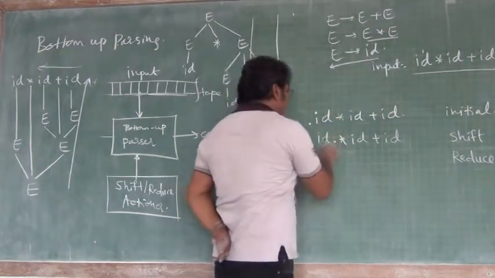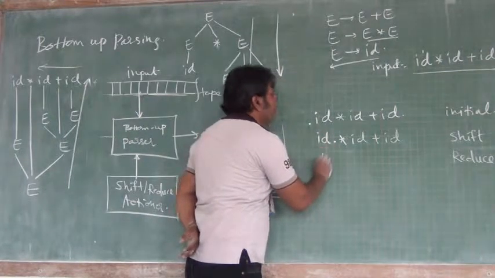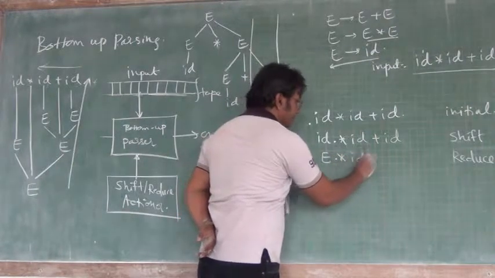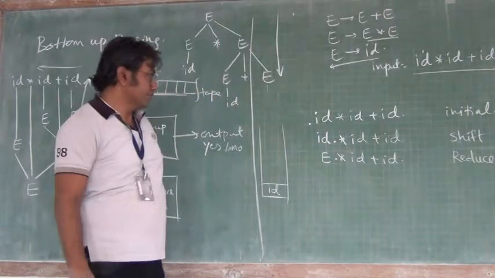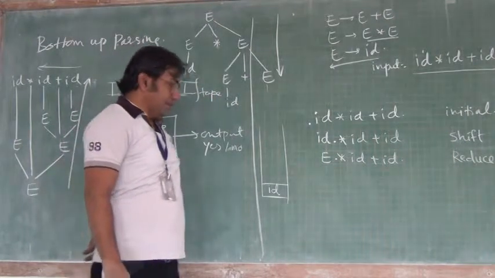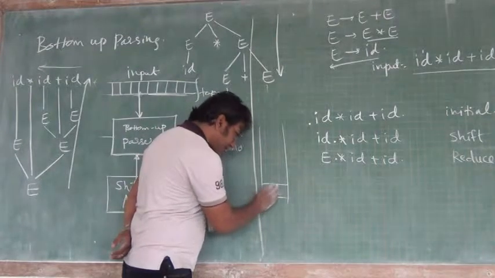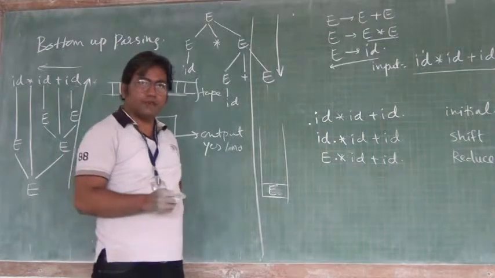I found the match, then I reduce this ID by E. At this moment this ID in the stack is replaced, reduced by E.